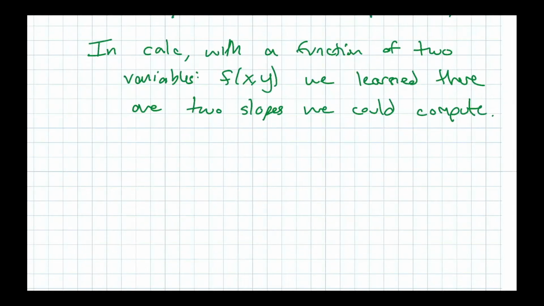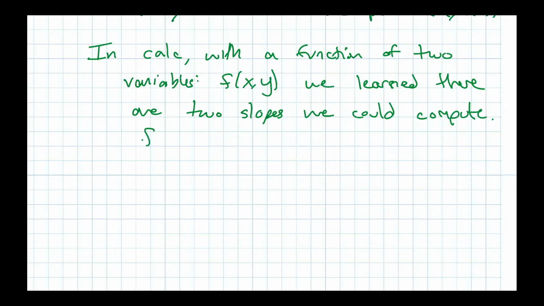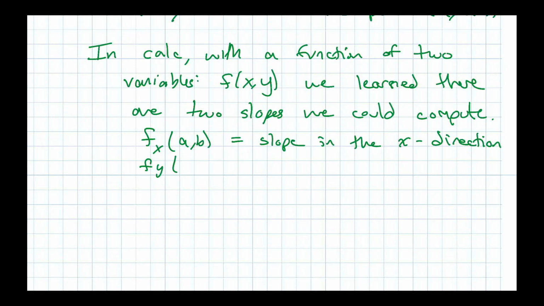In the previous section, we learned that f subscript x, the partial derivative of f with respect to x, evaluated at a comma b, is the slope in the x direction. And we also learned that f subscript y is going to be the slope in the y direction.